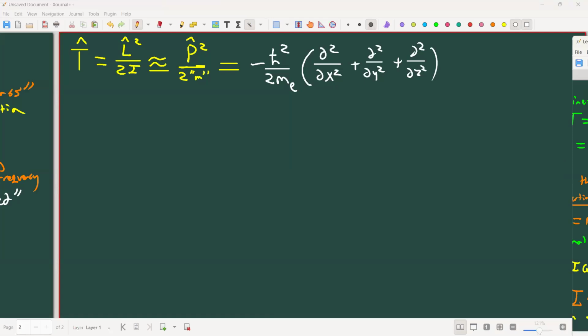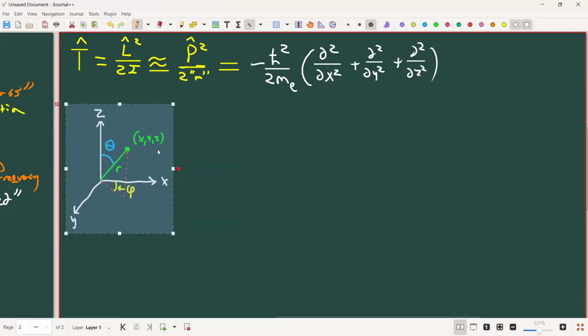So I'm just going to bring our coordinate system over from last class. Okay. So this is our coordinate system, right? We have an electron at x, y, z. And we're going to define that position with 1 vector length, r, and 2 angles. So I'll write these really quickly.